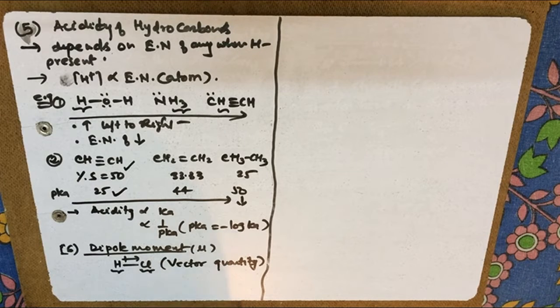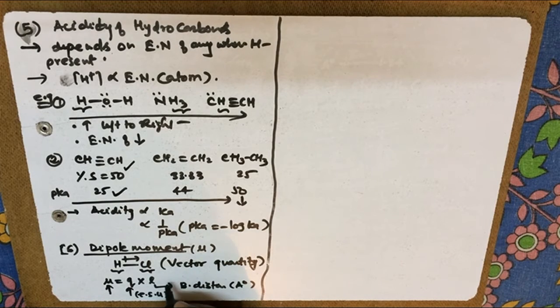Okay, so this dipole moment is basically Q into L, where as I told you, mu is the dipole moment, Q is the charge in ESU unit, and L is the bond distance in angstrom, and the unit is Debye.